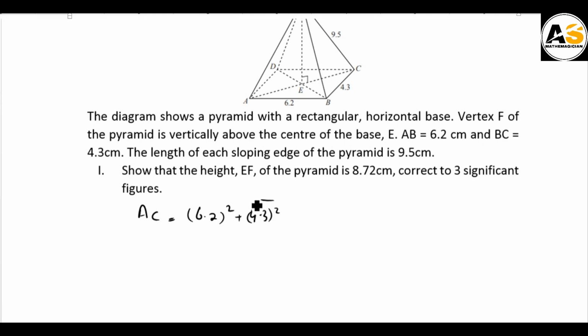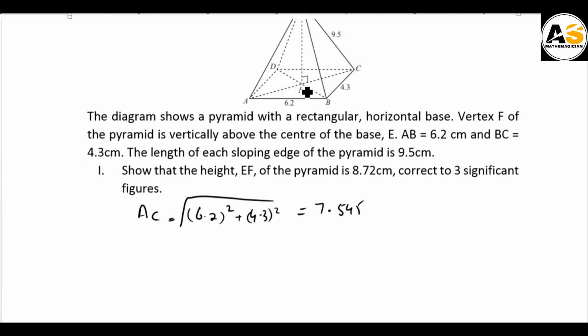Use your calculator, and you will see that AC is equal to 7.545. This is this length.